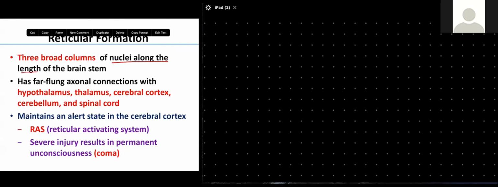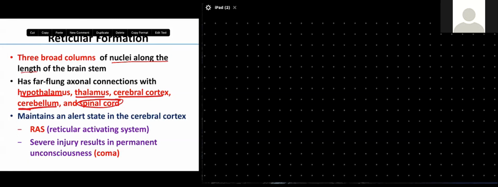They will allow the signals to travel to the hypothalamus, to the thalamus, to the cerebral cortex, to even the cerebellum, coming from mainly the spinal cord. So I'm acting here to distribute the signals to the different brain areas.